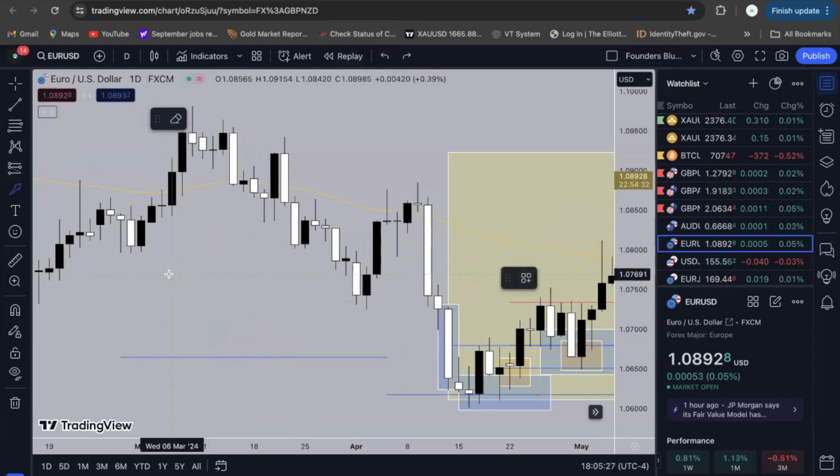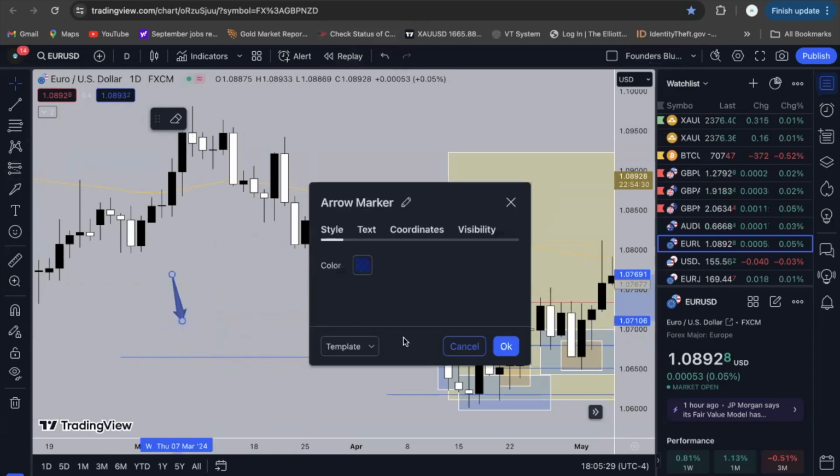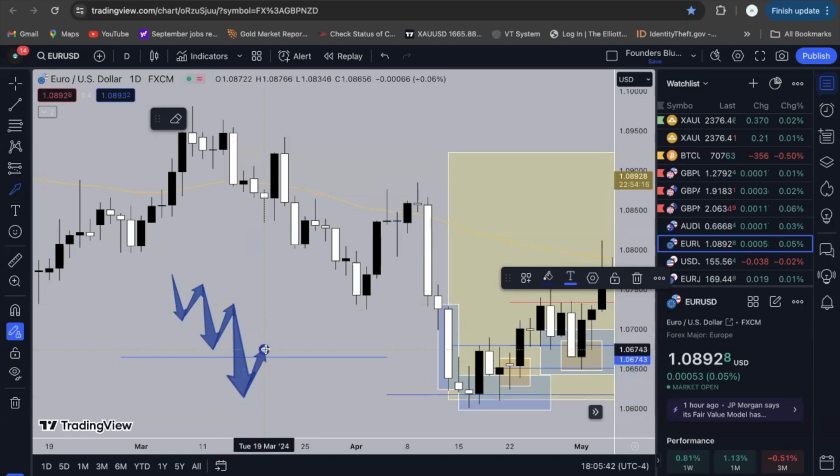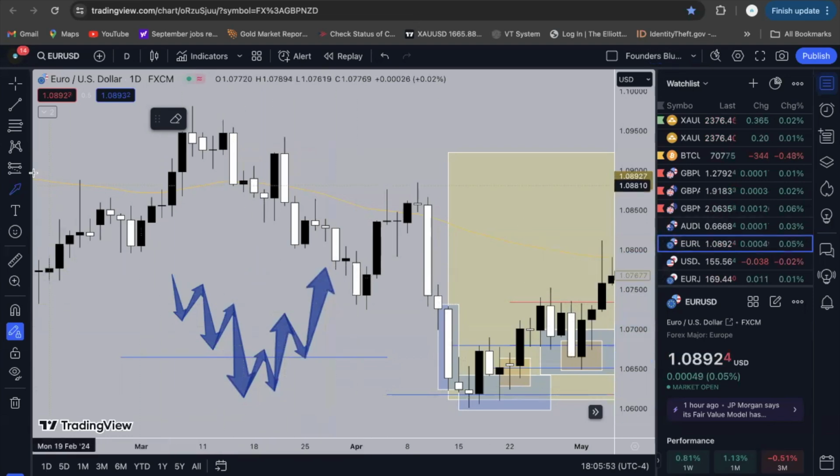And this will be considered an overlap. All right. So you see right here, this was support.